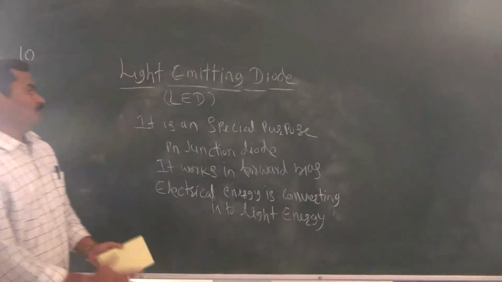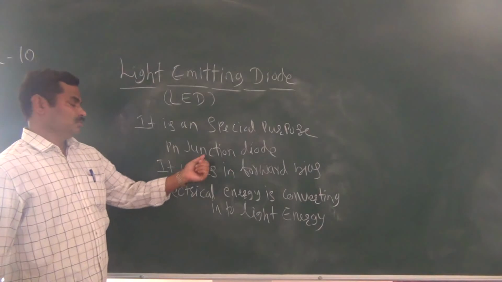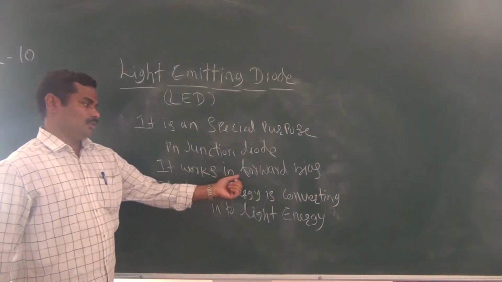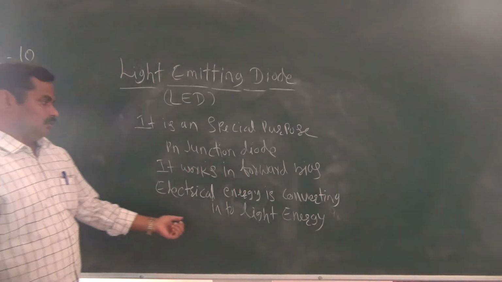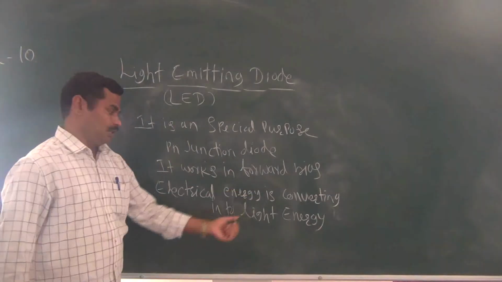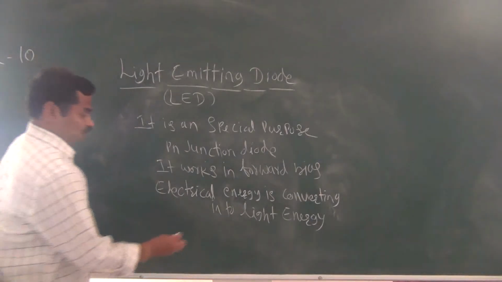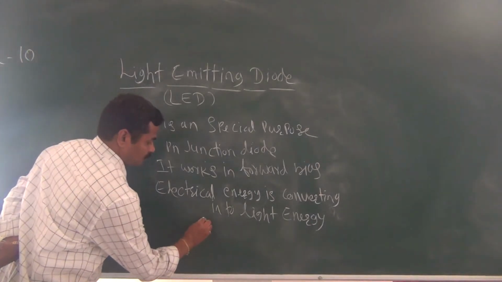It means the LED is a special purpose PN junction diode. It works in forward bias, and here the electrical energy is converted into light energy. And an important thing, this is the symbol of your LED.